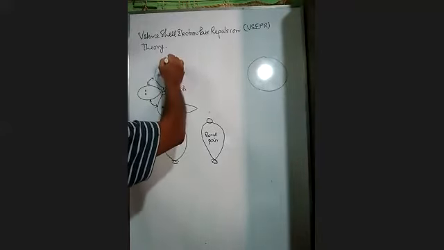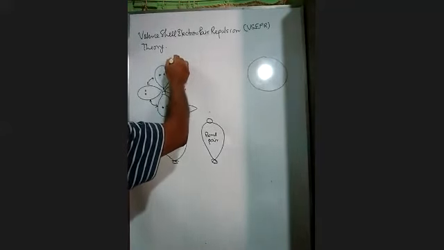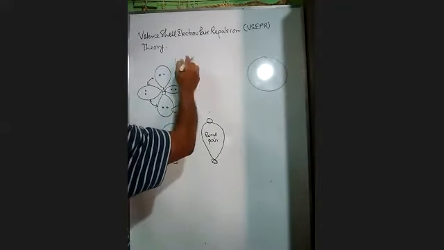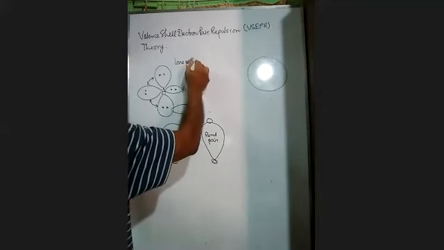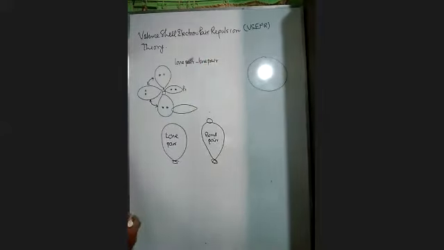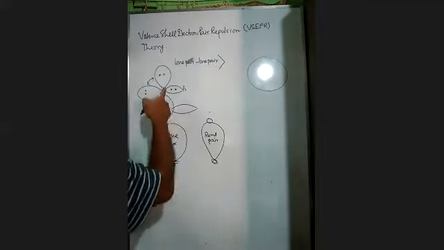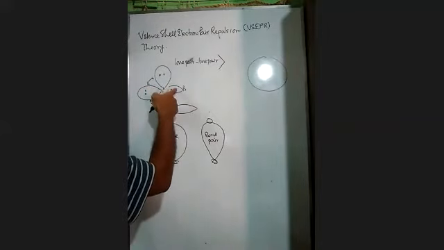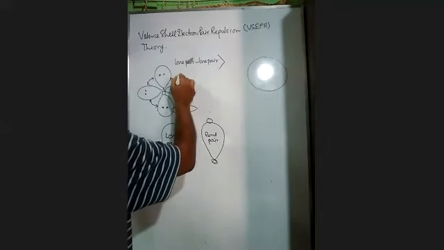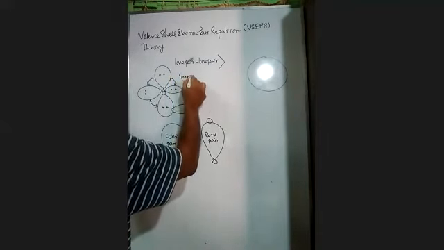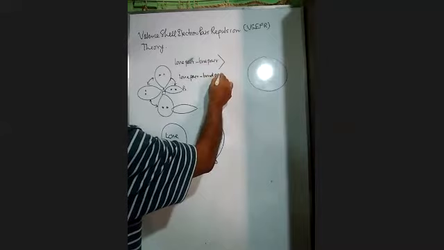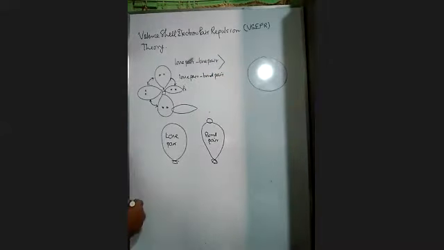So lone pair, lone pair repulsion is greater than, since the size is a little smaller, lone pair, bond pair repulsion.